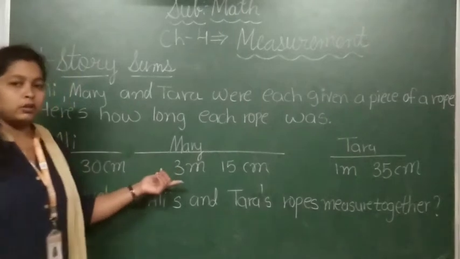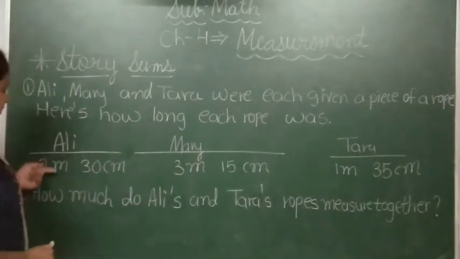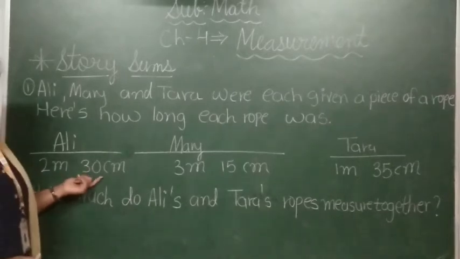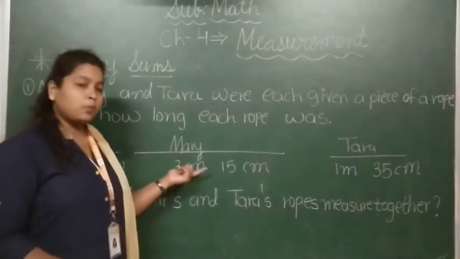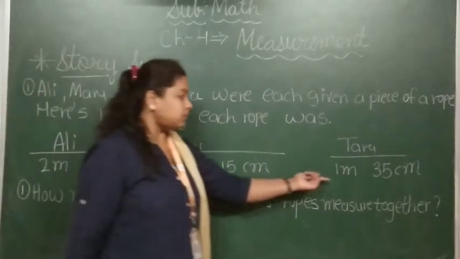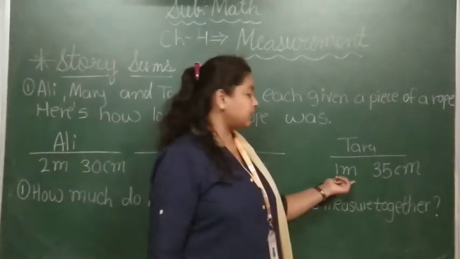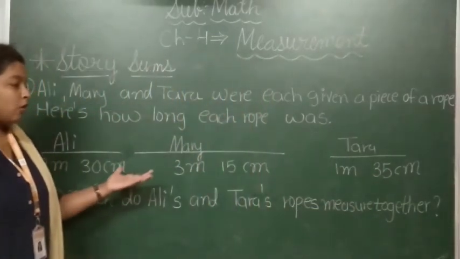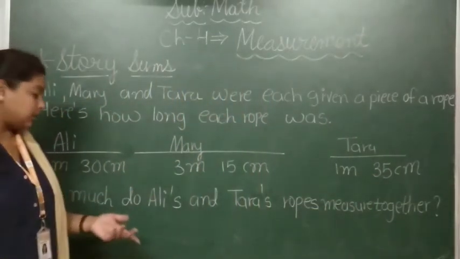Here I have drawn the rocks. Ali's rock is 2 meter and 30 centimeter long. Mary के पास जो rock है उसकी length है 3 meter and 15 centimeter. And Tara के पास जो है that is length 1 meter and 35 centimeter. So now on this picture you have to give the answers.